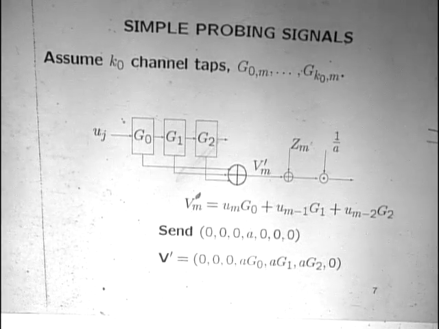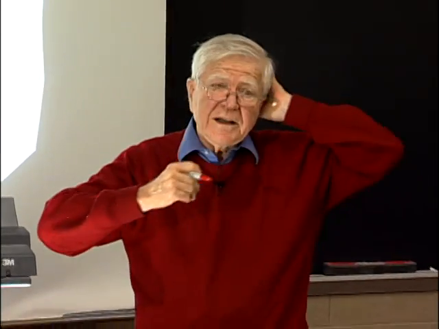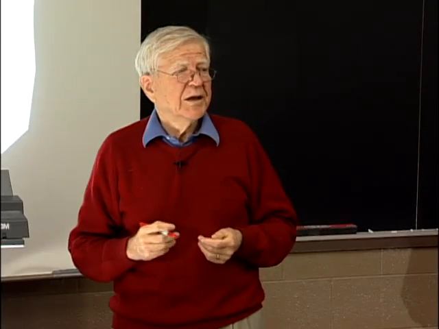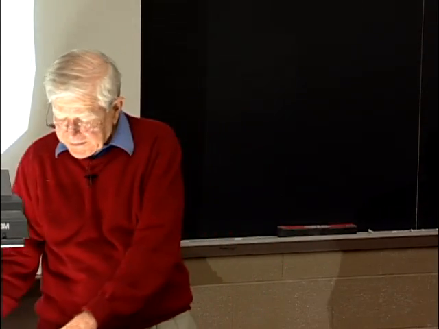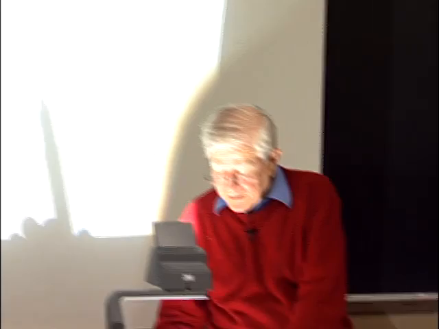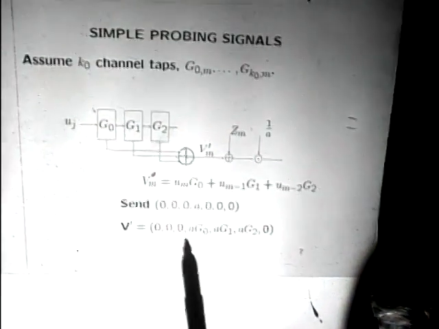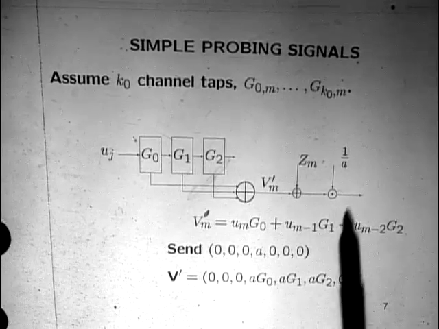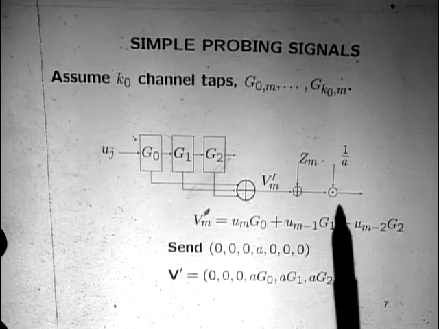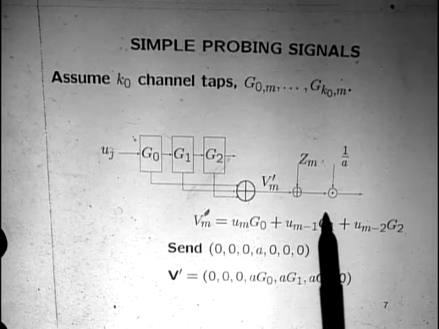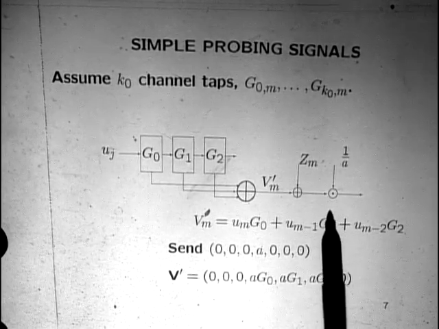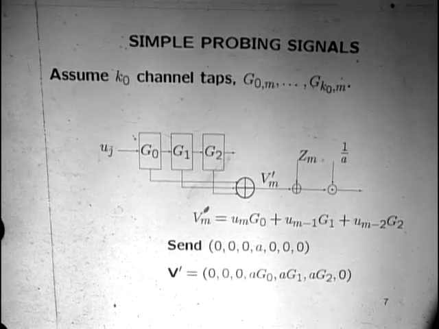So if you put in a bunch of zeros and then a single A, you get a nice measurement of the channel. There's Gaussian noise added to each of these outputs, but you do get a reading of each channel output. When you divide these by the A here, you get a measurement of the appropriate tap G plus Gaussian noise on it.